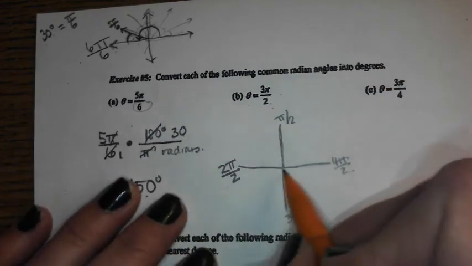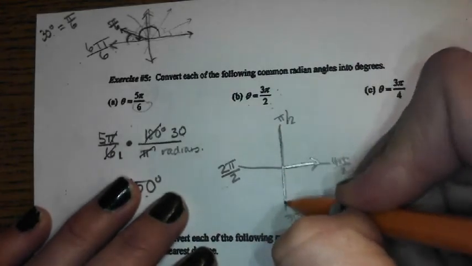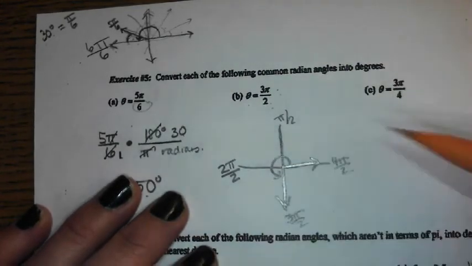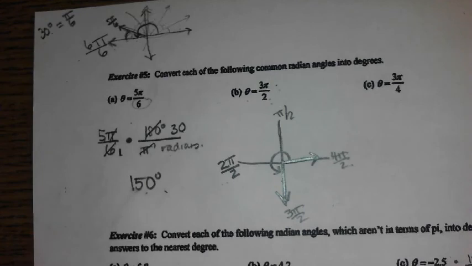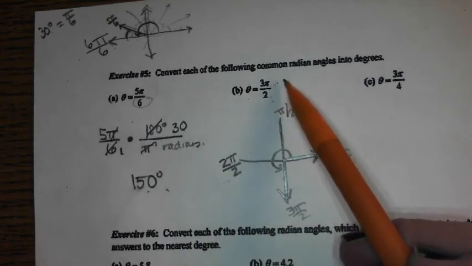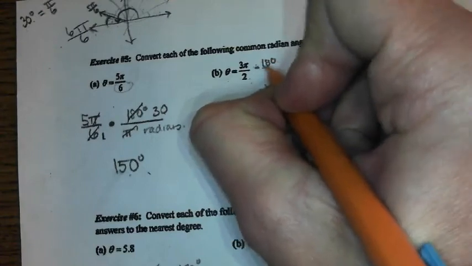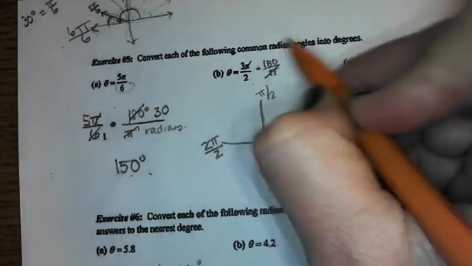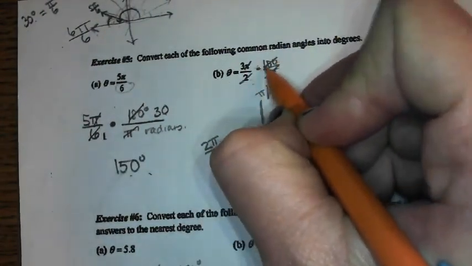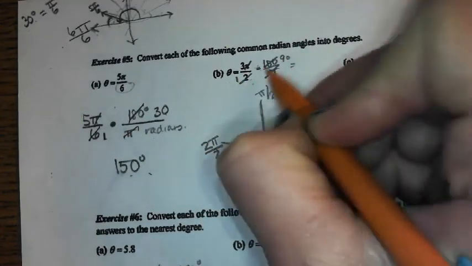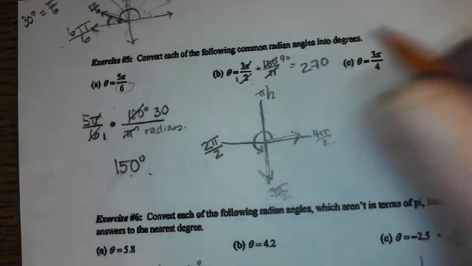So 3 pi over 2 is going to be right there, which now we should easily be able to tell us is the same as 270 degrees, right? We would have gotten the 270 degrees by multiplying by 180 over pi. I'll show you that. Your pi's cancel. Your 2 and 180 become 1 and 90. And 3 times 90 is 270.